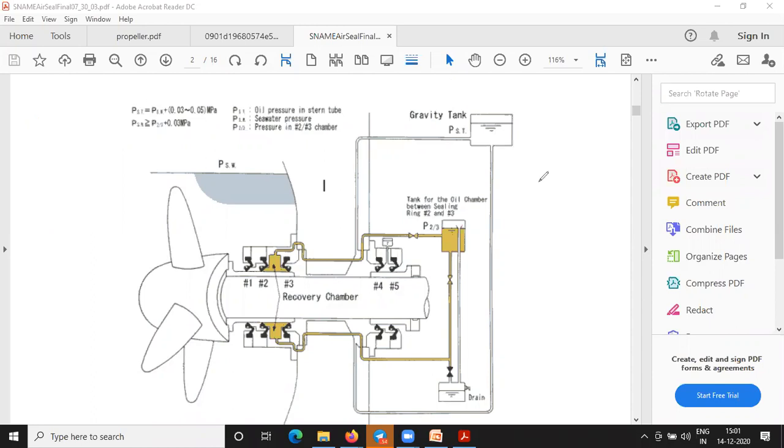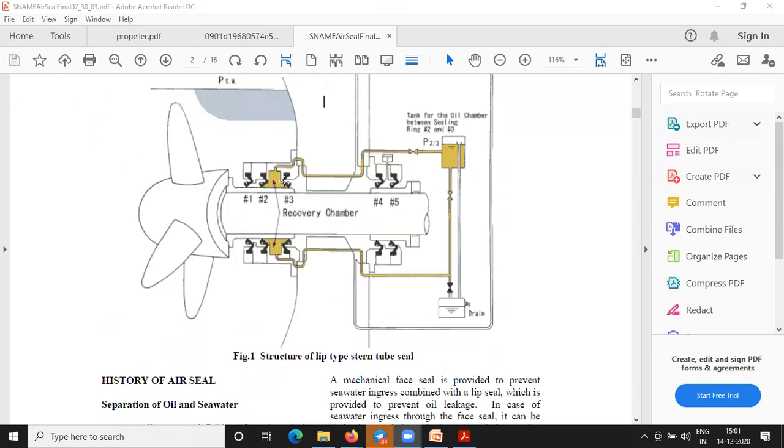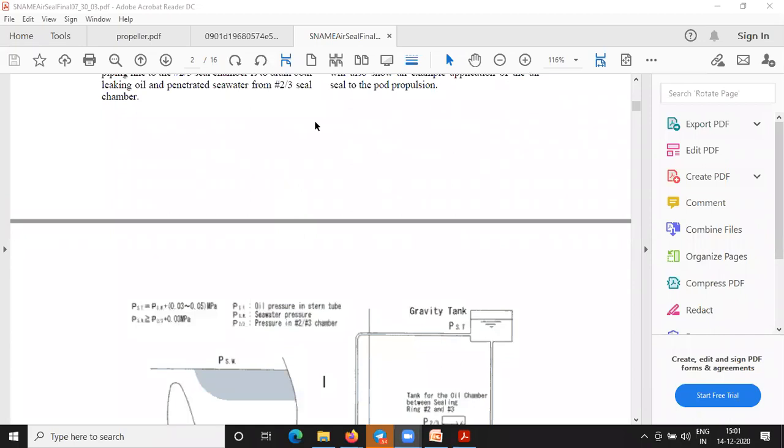The basic remains the same, then again there will be evolution. Different makers will give different types of advice, and different makers will have different methods of lubricating or cooling it.